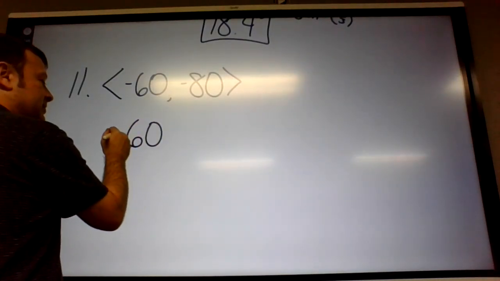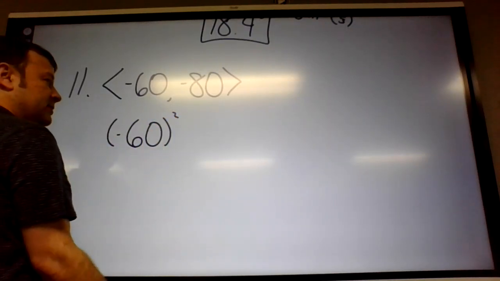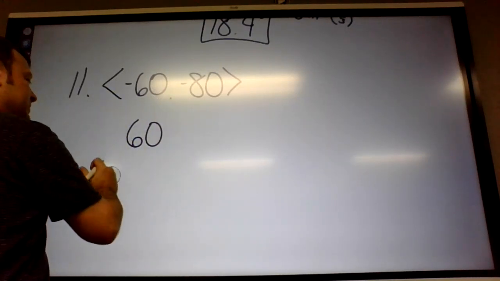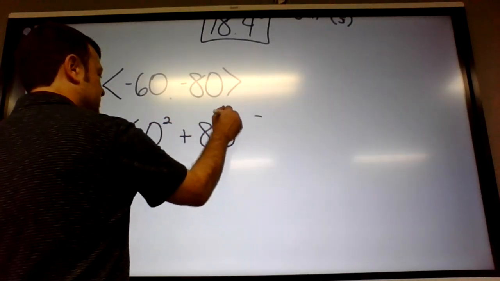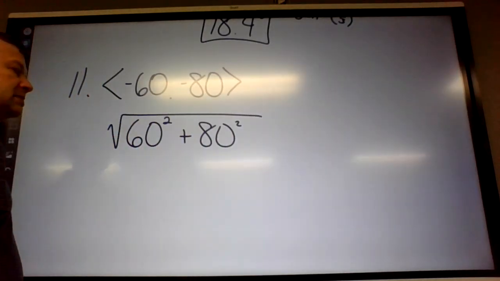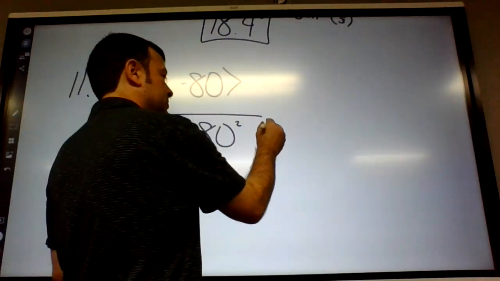Now, you could say it's -60 squared, but the negative doesn't matter, because when you square a negative, it's positive, so we could just do this. So it comes out nicely.